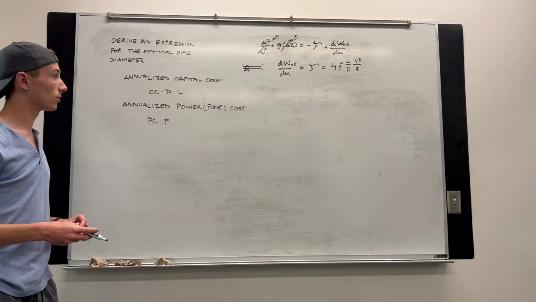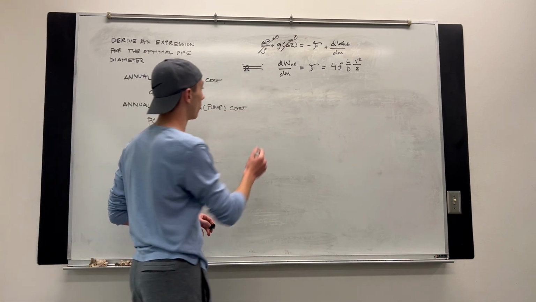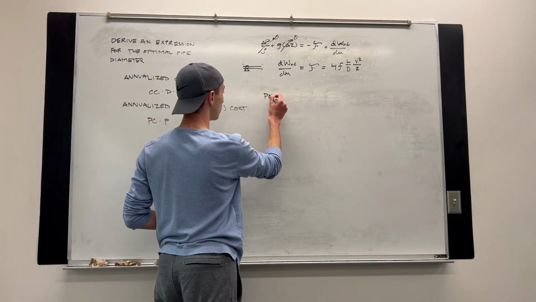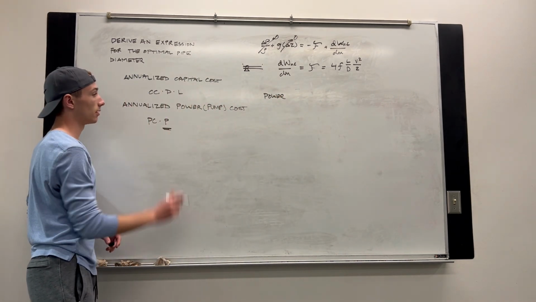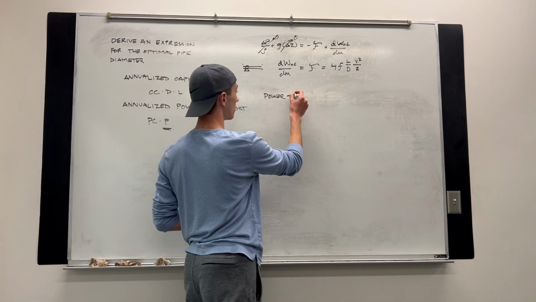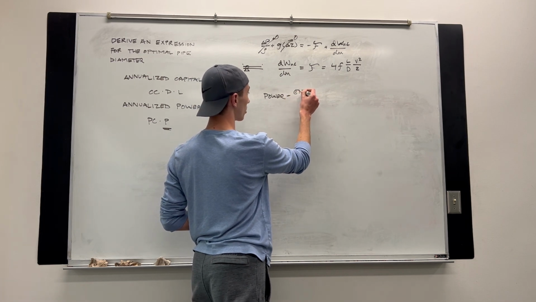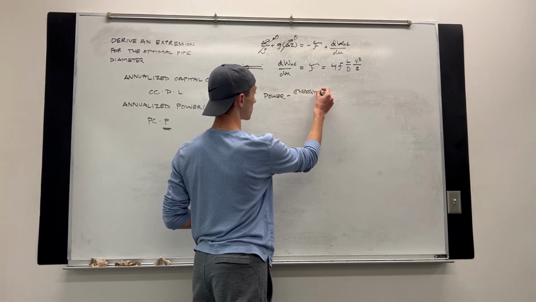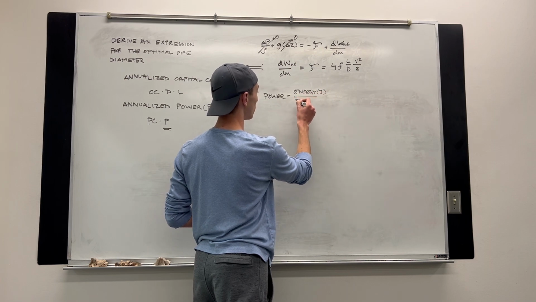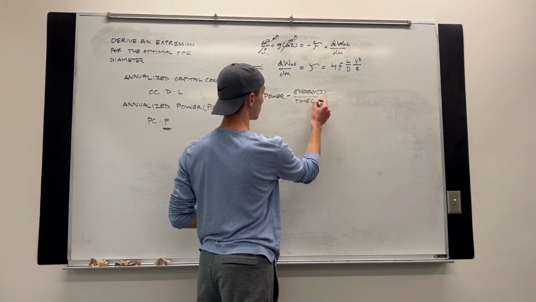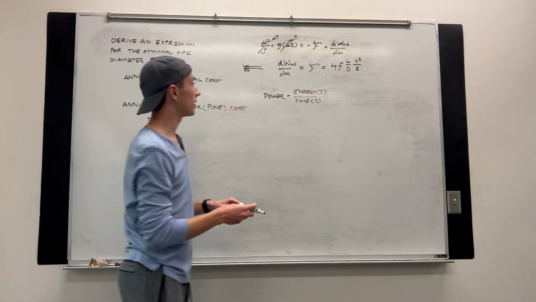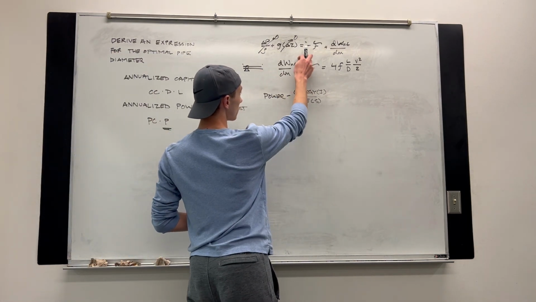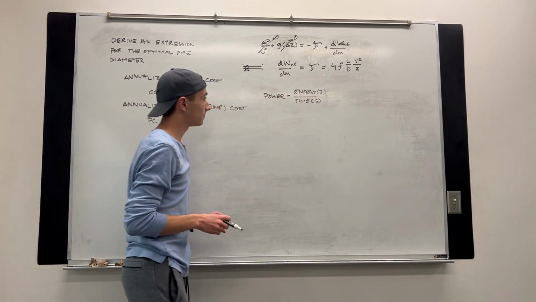Keep that in mind, and let's talk about power for a second. Power is work-related energy, usually expressed in joules per unit time, usually seconds. What we have here is joules, like work, per mass.